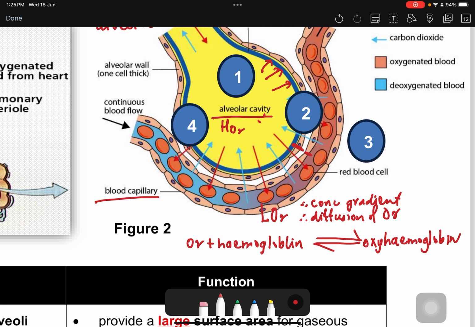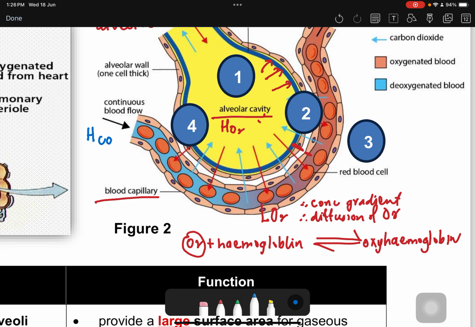So when oxygen is needed, the oxygen will dissociate from the hemoglobin to give you oxygen that will be transported to other body cells. And then at the same time, what gas is being brought back by the red blood cell? That would be carbon dioxide.